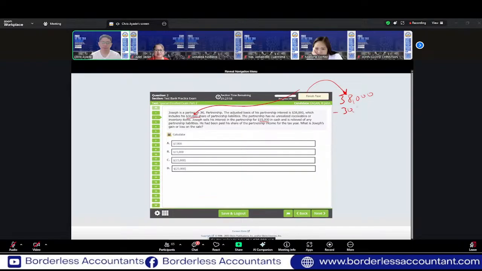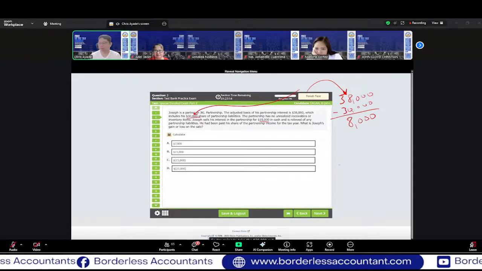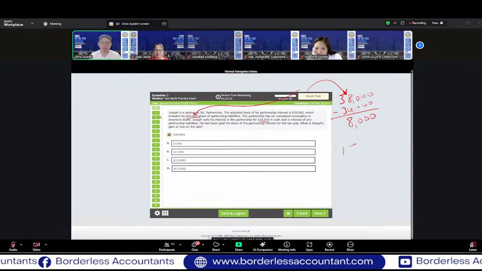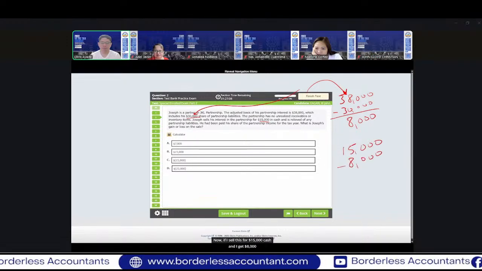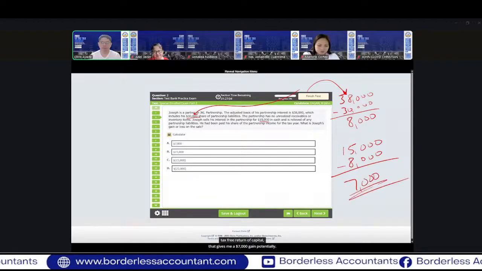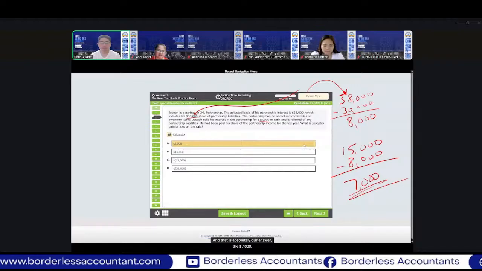So I'm going to take the $30,000 out first, which leaves me with an $8,000 basis. Now, if I sell this for $15,000 cash and I get $8,000 tax-free return of capital, that gives me a $7,000 gain potentially. And that is absolutely our answer, the $7,000.